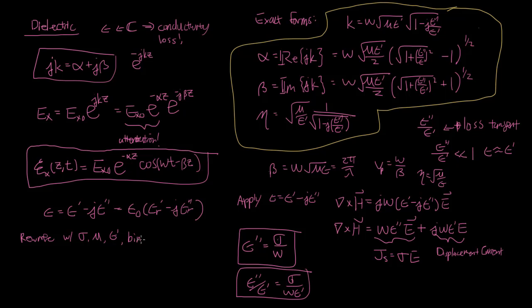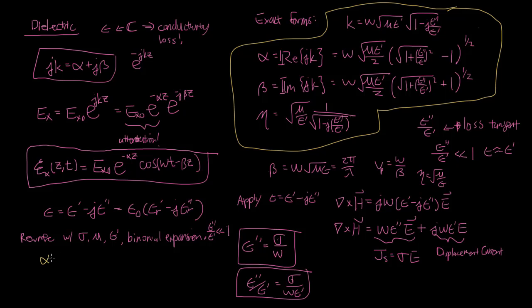You'll also use a dash of binomial expansion, something that is always handy when you have a square root with ugly things inside. And then you assume that it's a good dielectric, so that the loss tangent is going to be much less than 1.